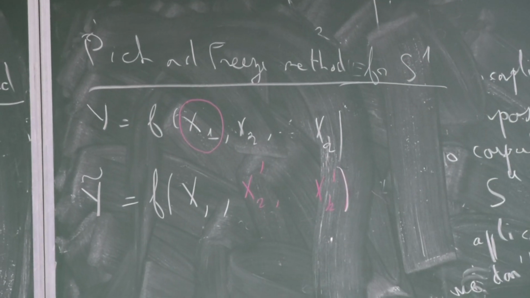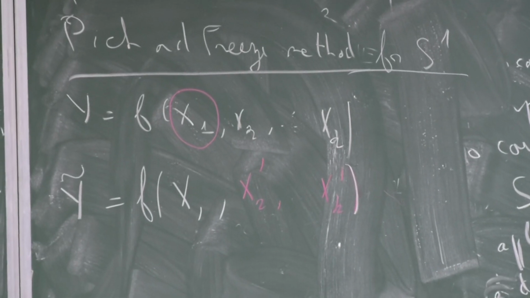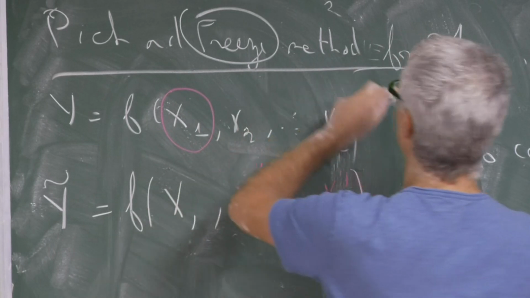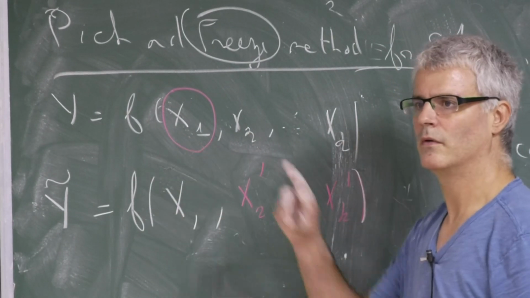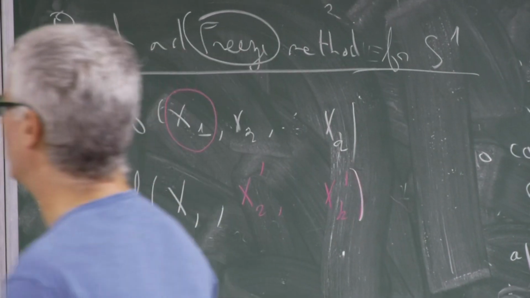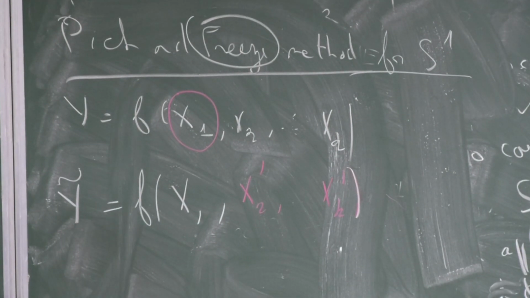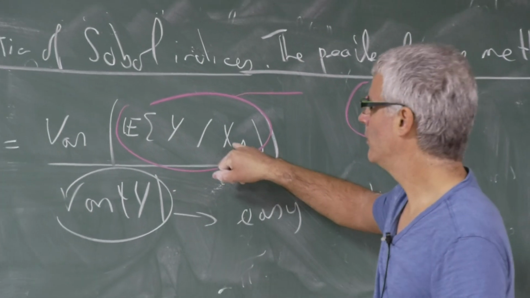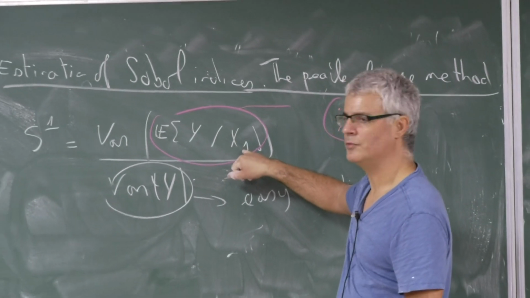what do I do? I freeze x1. x1 is the variable with respect to which I want to compute the expected value.